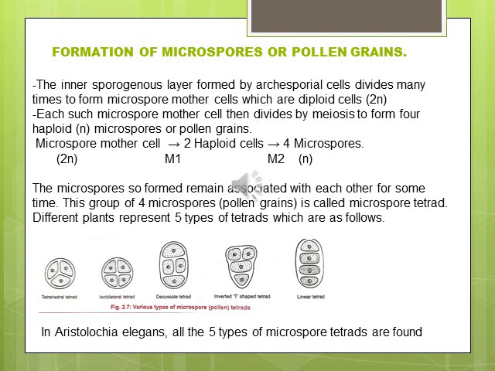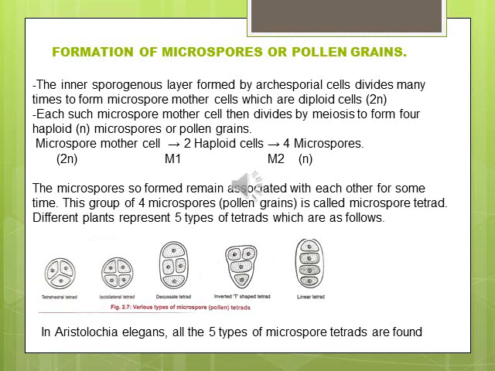Now, once these microspores or pollen grains are formed, they remain associated, that means they remain in groups. A group of 4 pollen grains is known as a microspore tetrad, and different plants represent 5 types of tetrads on the basis of the arrangement of these 4 microspores inside the groups.